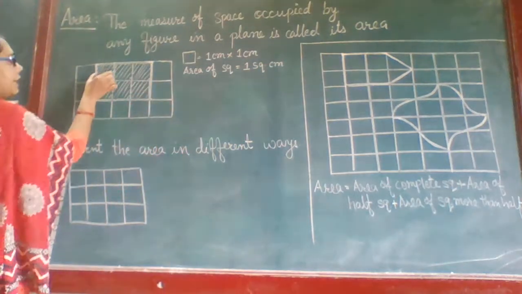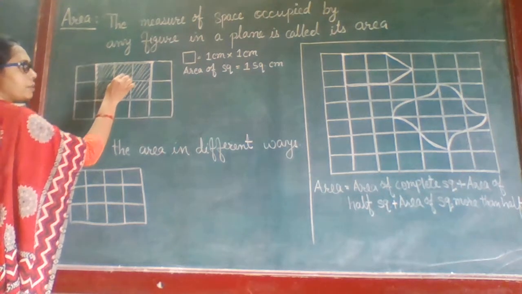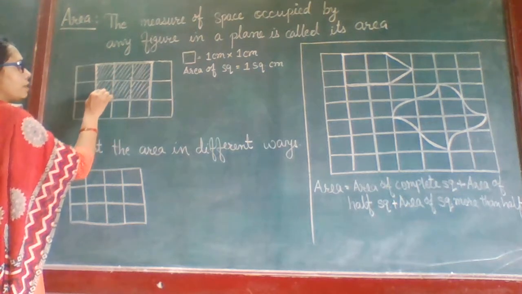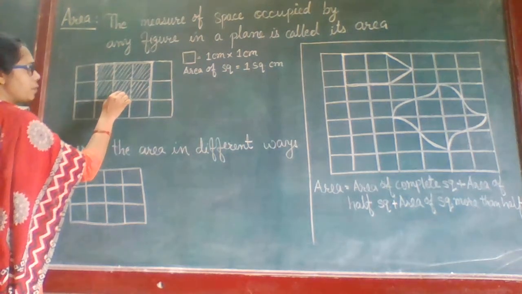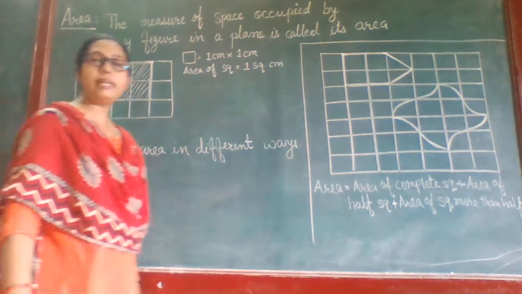So the area of 1 square is 1 square centimeter, 2 square centimeter, 3 square centimeter, 4 square centimeter, 5 square centimeter, and 6 square centimeter.